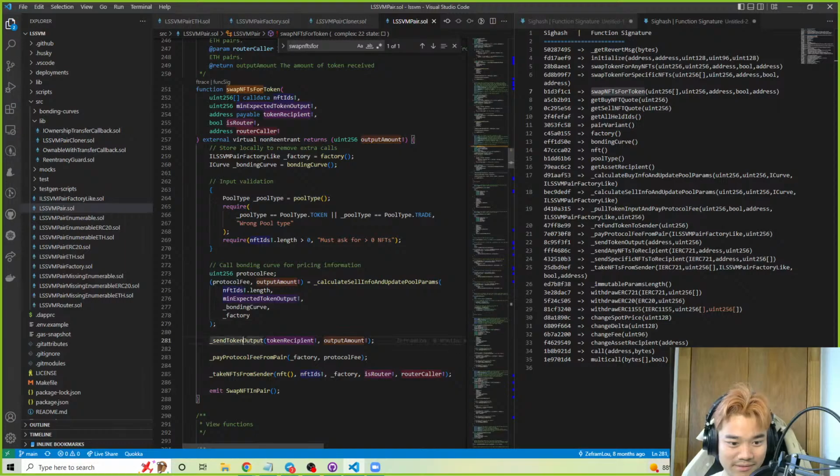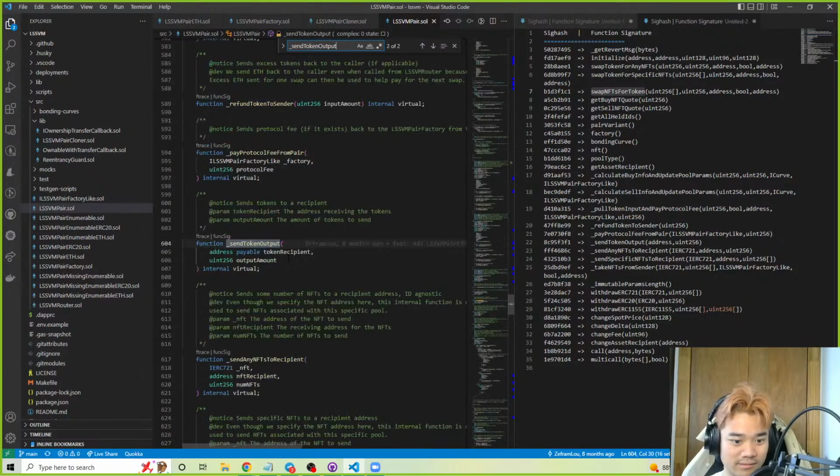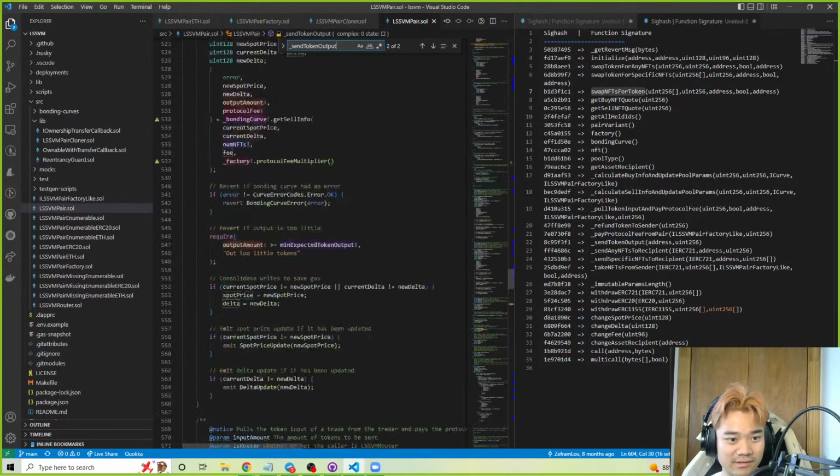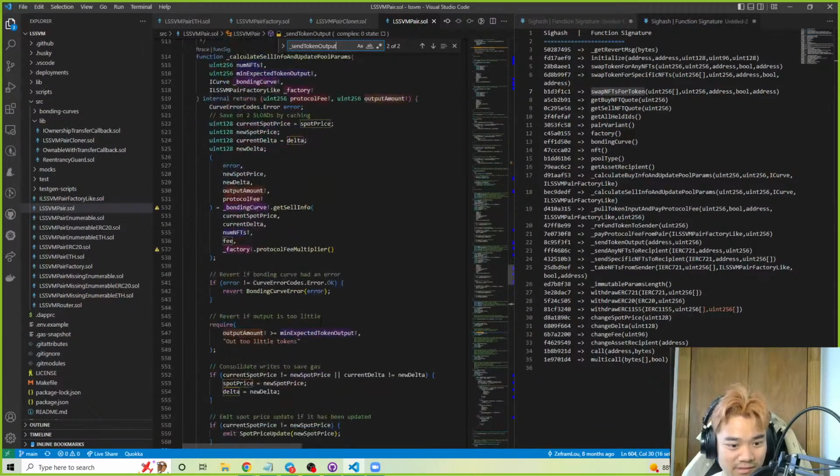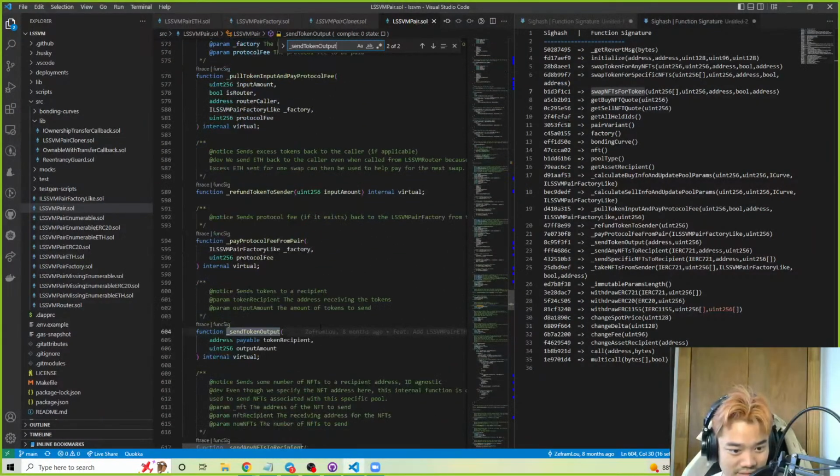Send token output. This is what I'm looking for. Uh-oh, this is an interface. What is this interface? Internal virtual.